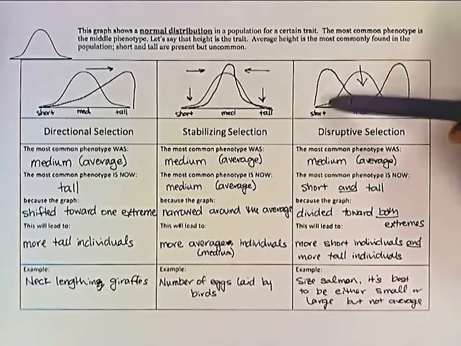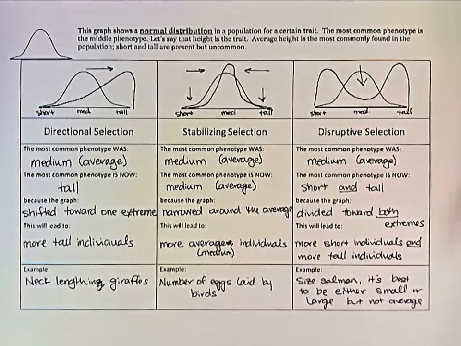So the small salmon have an easier time reproducing because they can sneak around into other salmon's territory. The large salmon have a better time reproducing because they can maintain their own territory, but the medium salmon, they're not small enough to sneak into someone else's territory to reproduce, and they're not big enough to maintain their own territory. So those medium-sized salmon are actually decreasing, and we're seeing a lot of either extreme, both small and large.